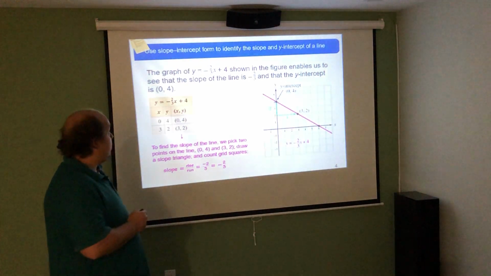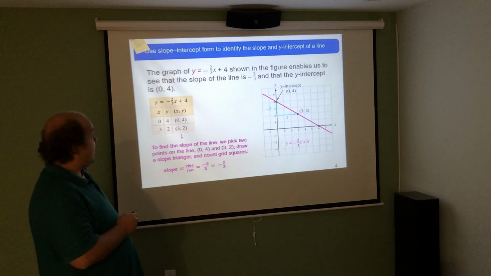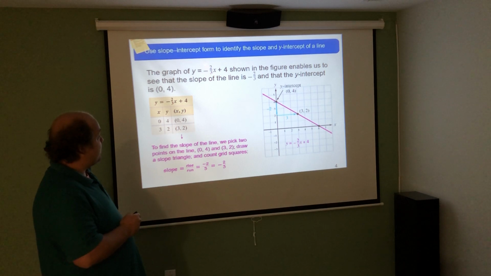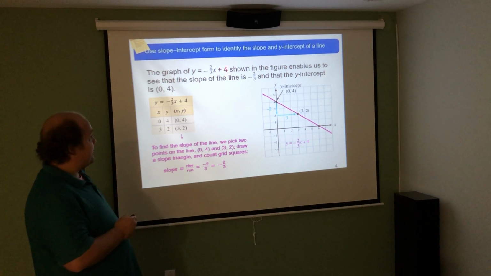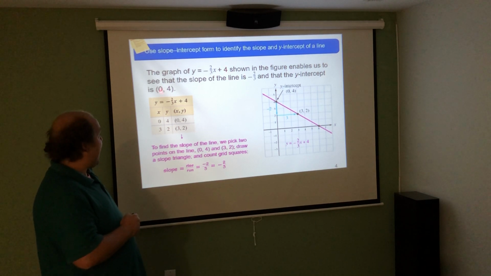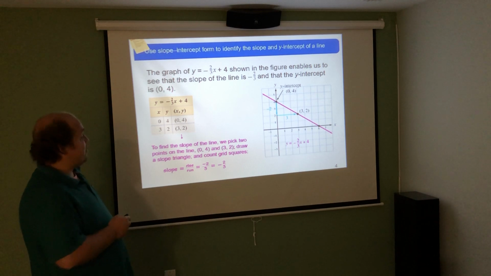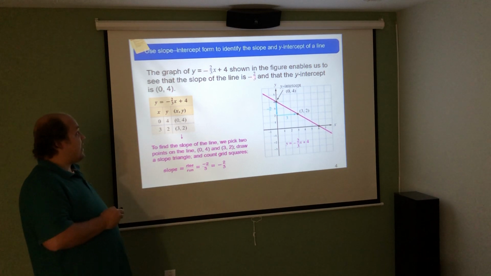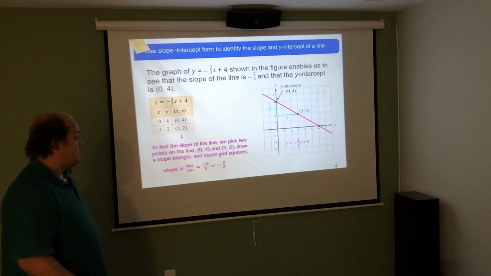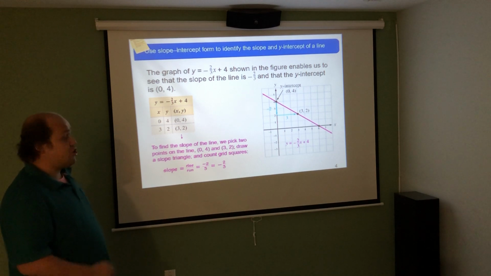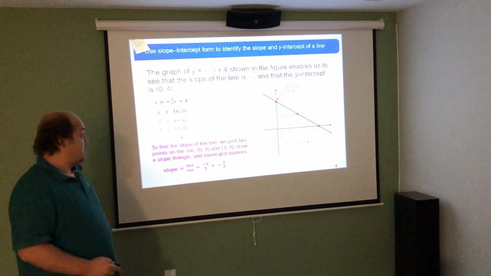When you look at the equation of a line that's solved for y, whatever number is being multiplied by x is the slope. Whatever number comes after the x is the y-intercept, given that the x value of the y-intercept point is 0. So (0, whatever this is), in this case a positive 4, is my intercept. Whatever's in front of the x is my slope. So this was just an exercise showing you that yes, this is true.